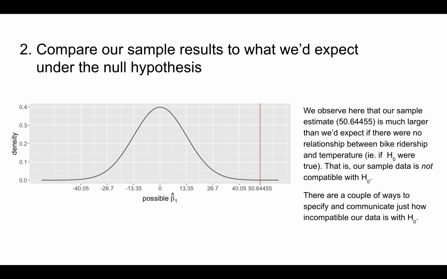At this point, we have a powerful result, but our observation is somewhat subjective. It's critical that we're able to specify and communicate just how incompatible our data is with the null hypothesis. To this end, there are a couple of approaches.